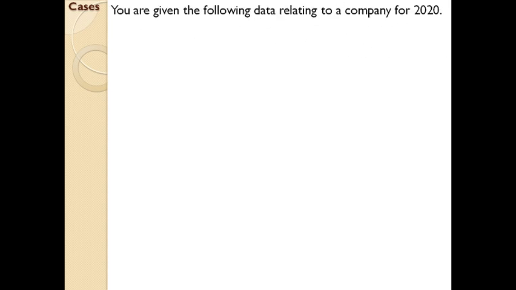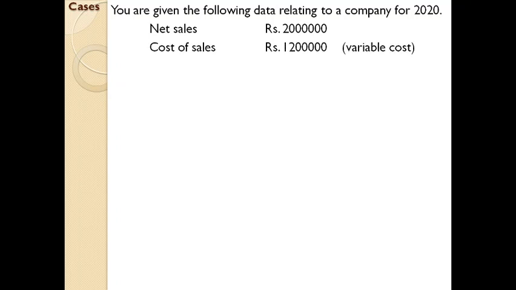Next case, you are given the following data relating to a company for 2020. Net sales 20 lakhs, cost of sales 12 lakhs. Remember, cost of sales will be a form of variable cost.